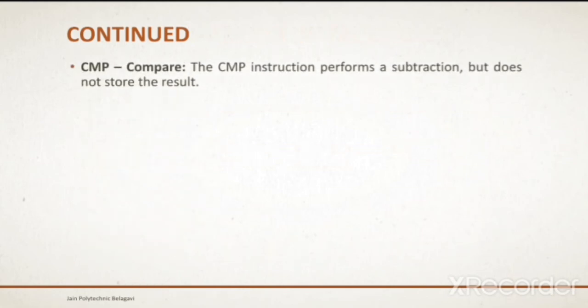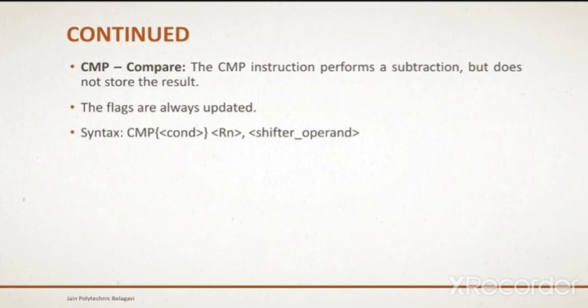The first comparison instruction is CMP, that is compare. The CMP instruction performs subtraction but does not store the result. In this, only flags are always updated. The syntax for CMP is shown.